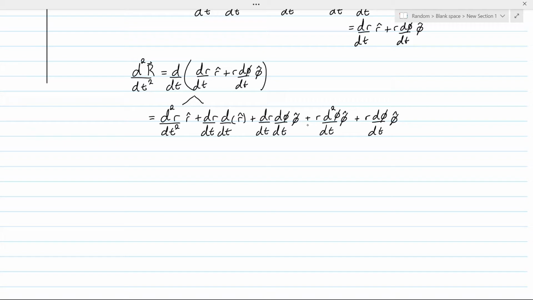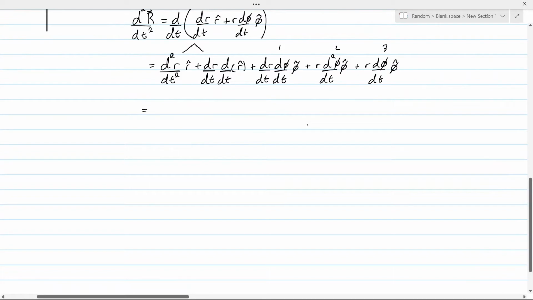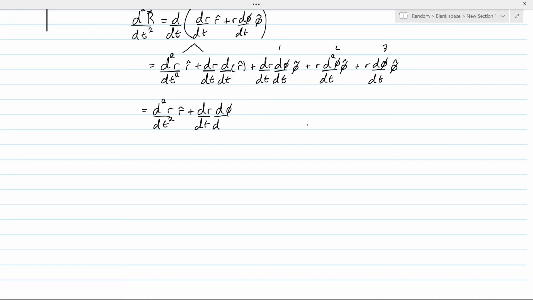And then this one has 3 terms. So 1, 2, 3. Again, we can apply the chain rule.